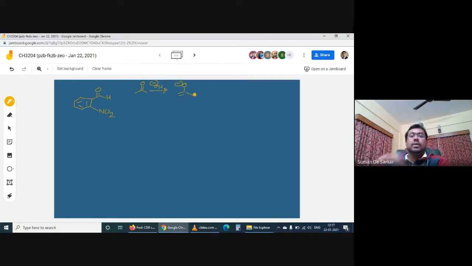Once you have the enolate in the medium, it's a nucleophile, and as you know, the benzaldehyde is an electrophile. So immediately these two will react, and you form the first intermediate.